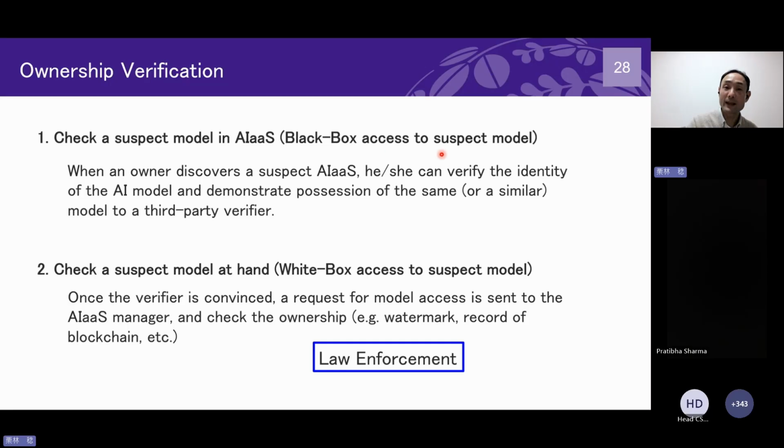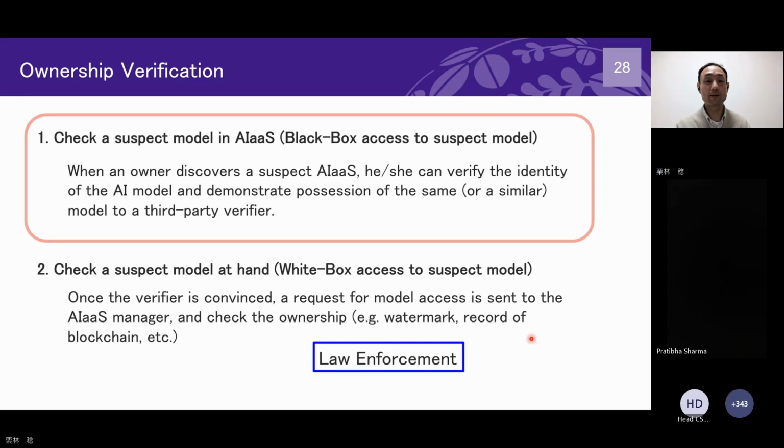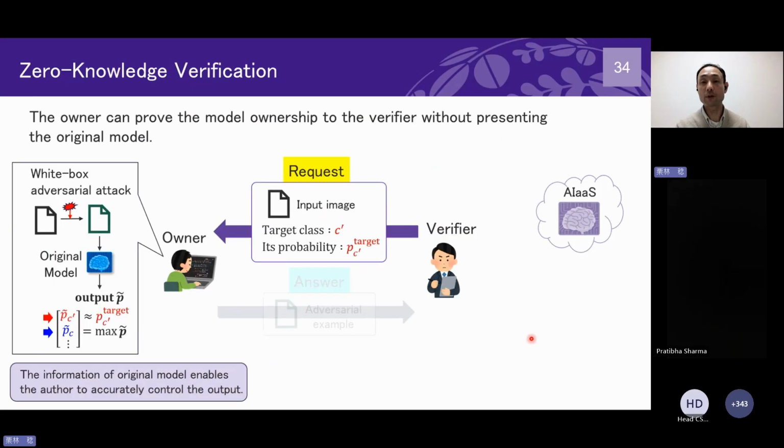And the owner should prove the possession of the same model to the third party, the verifier. Then the verifier will request model access from the manager and check the ownership by using the watermark or the blockchain record, like a record of the proof of training. So this is the process of the ownership verification.